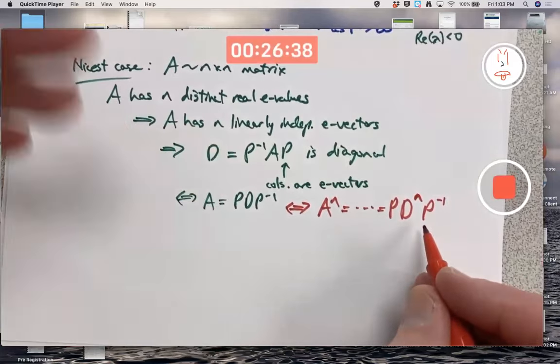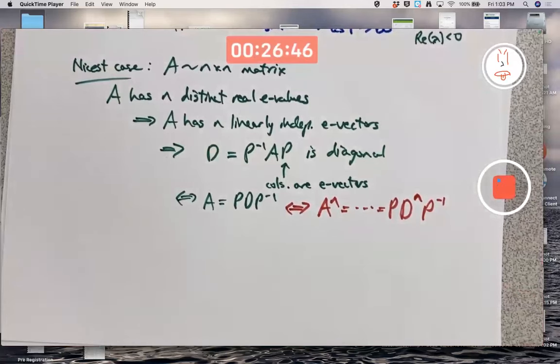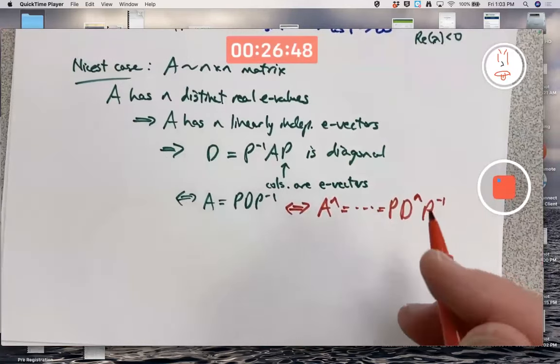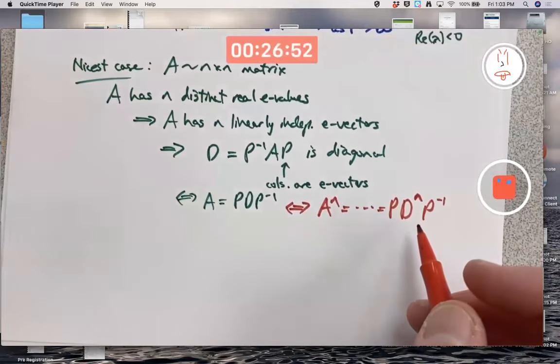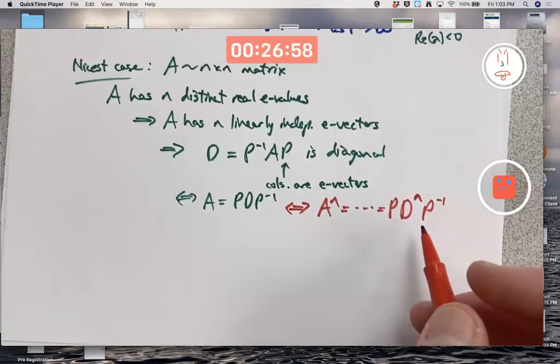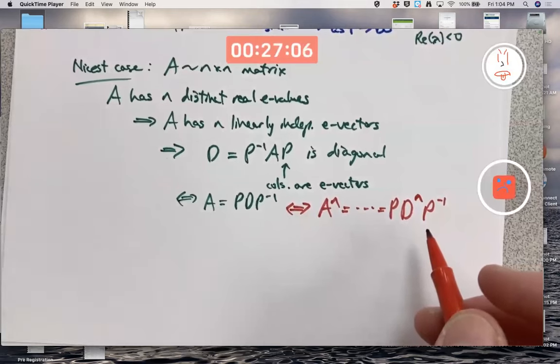Of course, this still takes some work because P inverse in general is hard to find. For a 2x2 matrix, it's not too bad. For a 3x3 matrix, it's okay. I'll do it if I have to. Once you get to 4x4 and higher, P inverse gets to be a real big pain to figure out, even for computers once n is 10 or above. Computer programs can really bog down in computing inverse matrices, but it's still technically true and still could be useful.